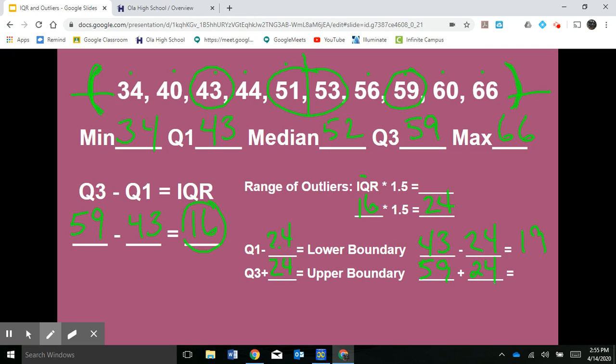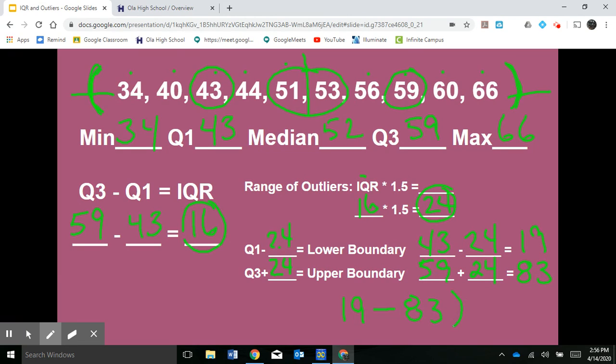Remember that 24 is what we got when we multiplied by 1.5. 59 plus 24 is 83. So what we just found is our lower fence is 19, and our upper fence is 83.